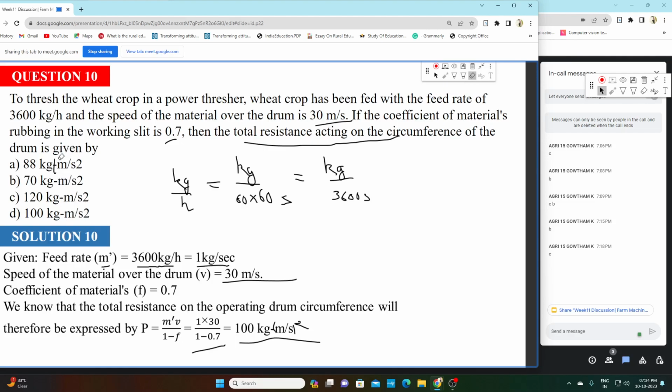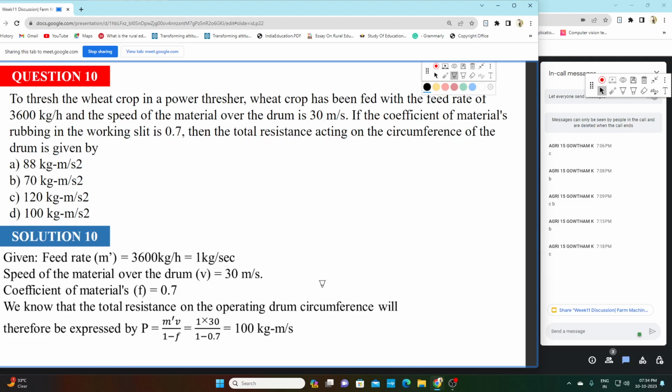In this question the unit has been given right, that is kg meter per second square. The unit is right, because m dash is kg per second and v is meter per second. So this is 100 kg meter per second square, and this will be the answer.